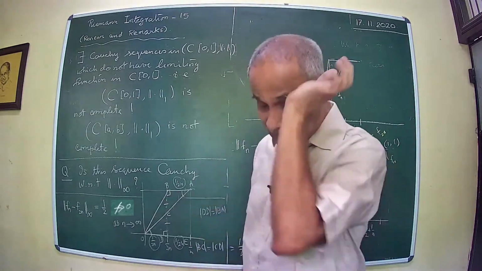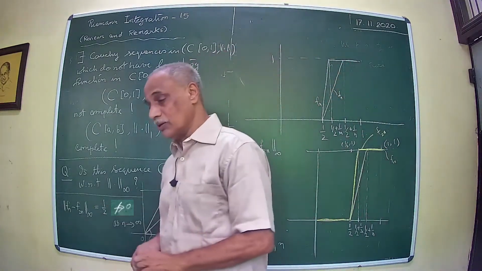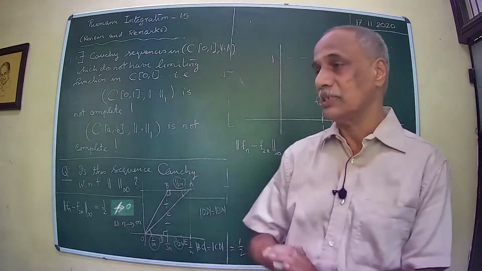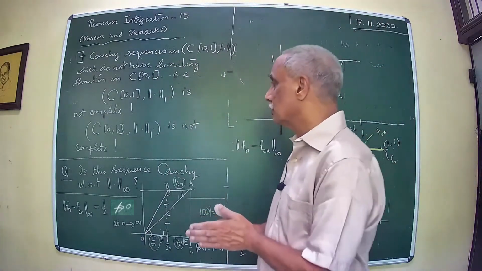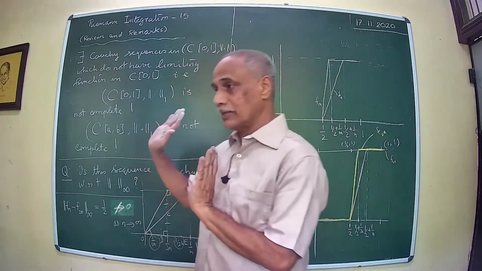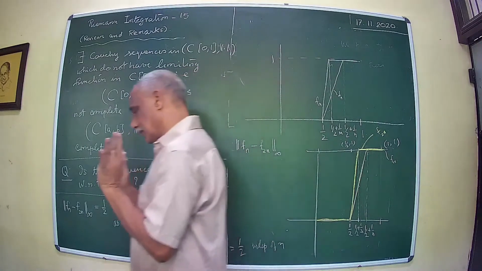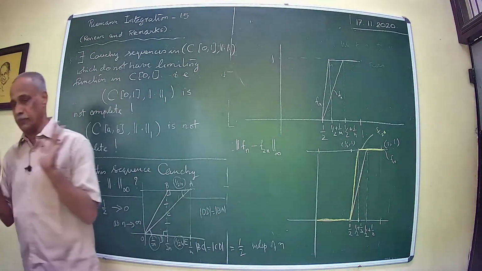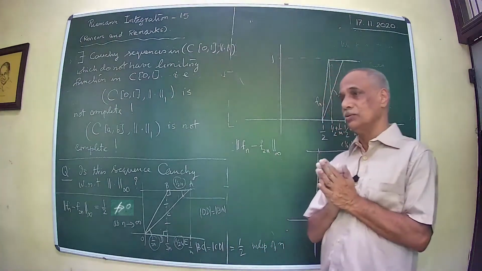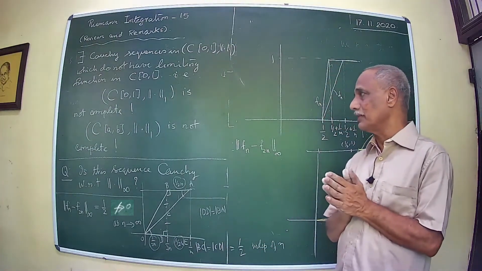Therefore, you have the question of completeness asked there, and there you have seen that it is not complete. So, the moral of the story is that the completeness property may differ depending on what norm you adopt or what metric you choose. This is an important thing.